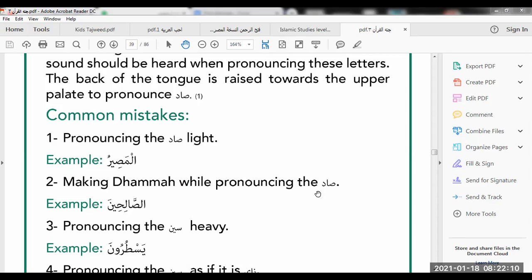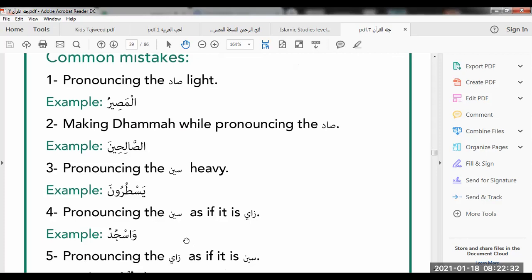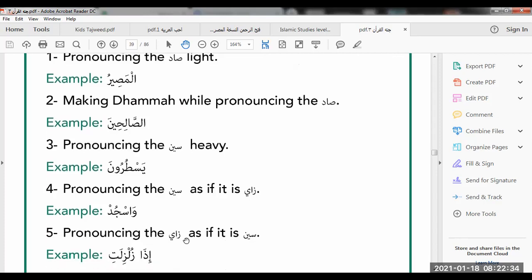Next, pronouncing the seen heavy, like in the word يسطرون. Some people make seen a heavy letter, confused with صاد. It's wrong. The right way is to pronounce this seen with its own quality.